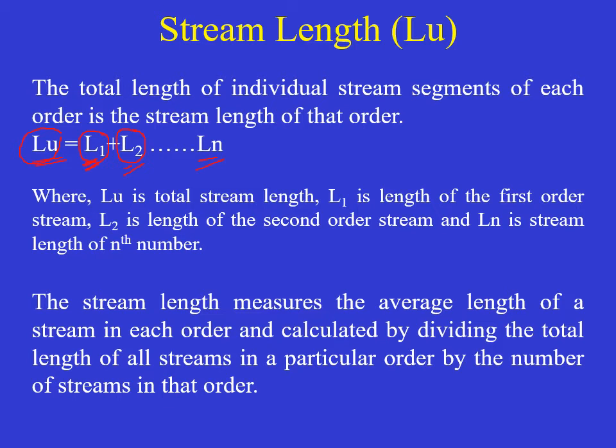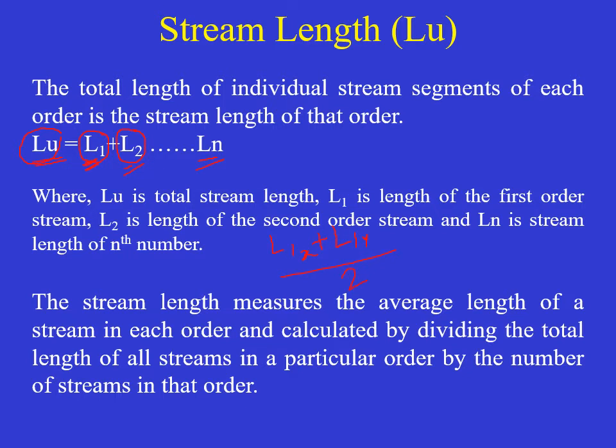Similarly for L2. Now, if we want to know the mean length of first order streams, suppose you have two first order streams demarcated by X and Y, L1X and L1Y. These two are clubbed together, then divided by the number of first order streams.